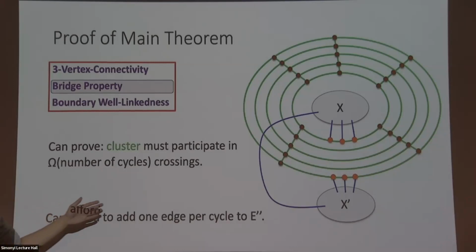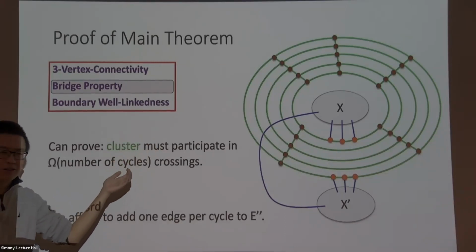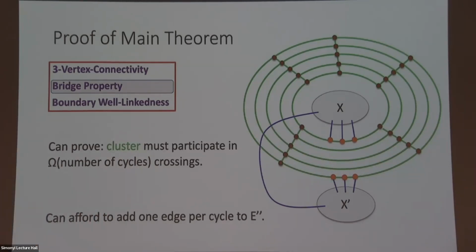And in this case, we can afford to delete one edge per cycle. So the main idea I want to illustrate is that we cannot achieve the strong planarity property, but we replace it with a weaker property. And luckily, we can still use the intuition to group things here.